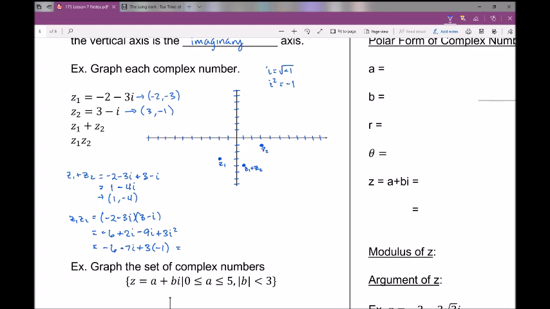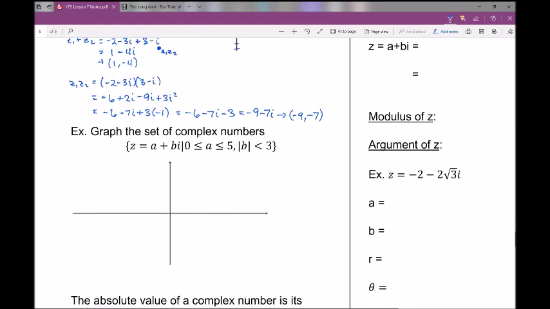So finally, we get negative 6 minus 7i minus 3, which gives us negative 9 minus 7i. That will correspond to the point (negative 9, negative 7). So we count 9 units to the left and down 7 units, and that'll kind of get in the way here, but this will be the point z1 times z2. That is how you graph complex points in the complex plane.